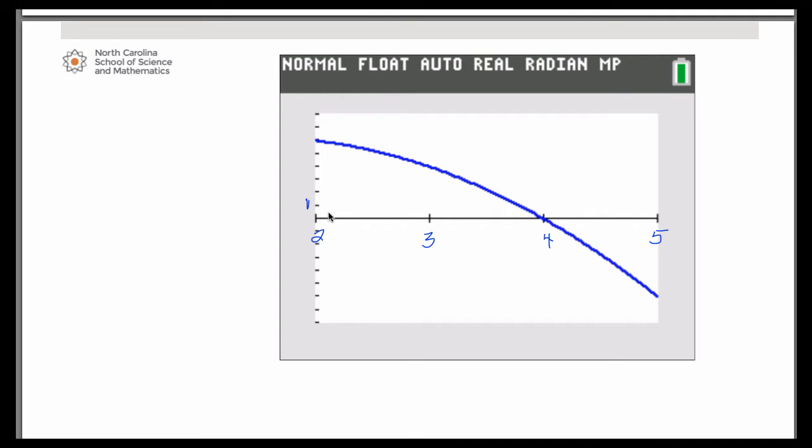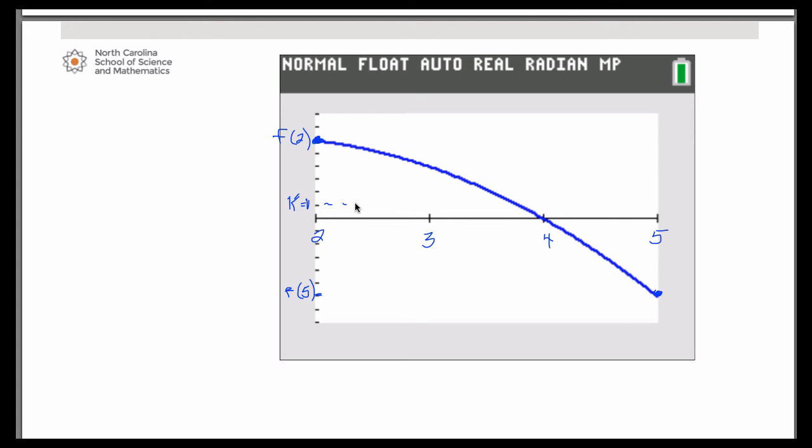So what this is telling us is that this would be f of 2. And here's the y value for 5 right here. So our k value of 1 does lie in between f of 2 and f of 5.